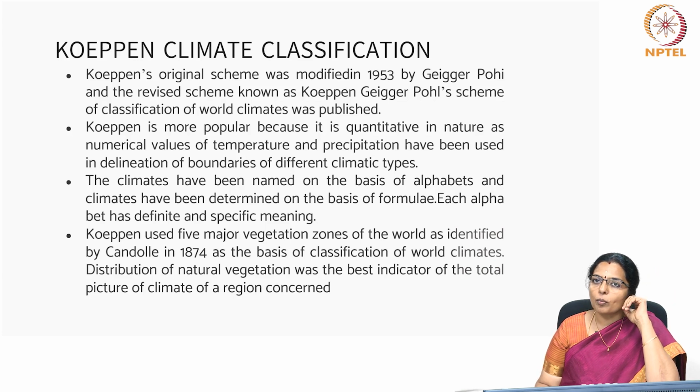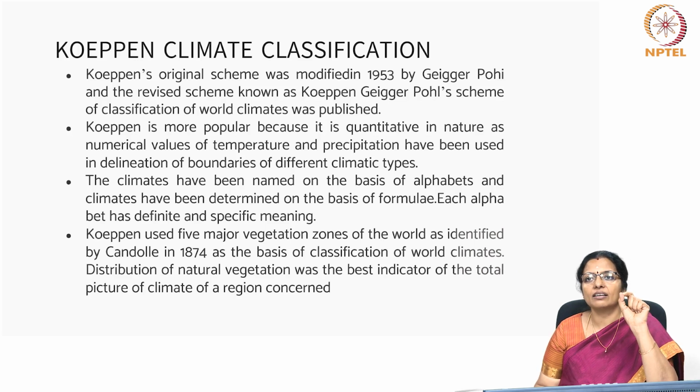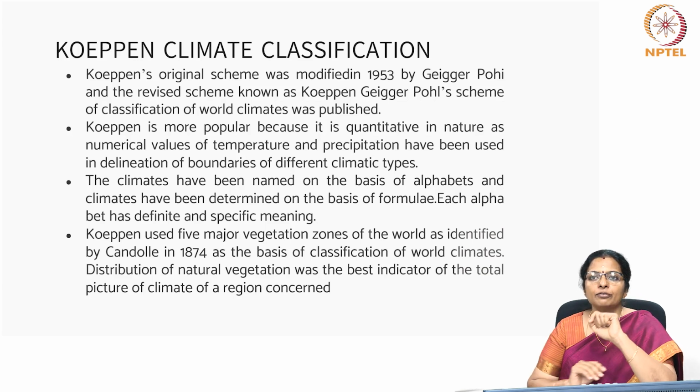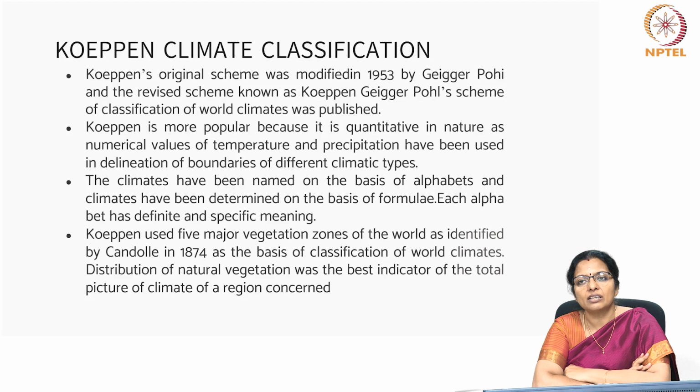What makes Koppen's system stand out is its specific quantitative nature. It uses numbers to define temperature and rainfall, making it more precise, empirical, measurable. Each climate is assigned a letter code with specific meaning, which is determined by formulas.